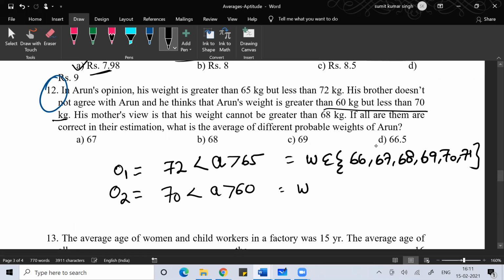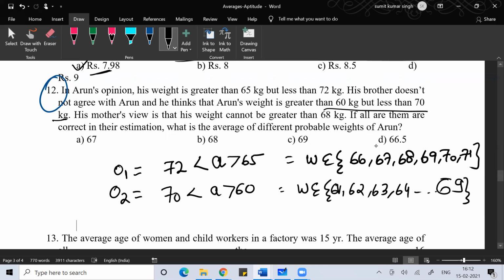So 60 kg, 61, 62, 63, 64, like this, 69. Not more than but less than 70, so maximum 69. I'm ignoring decimals and assuming his weight is not in decimal, otherwise I can do that also.